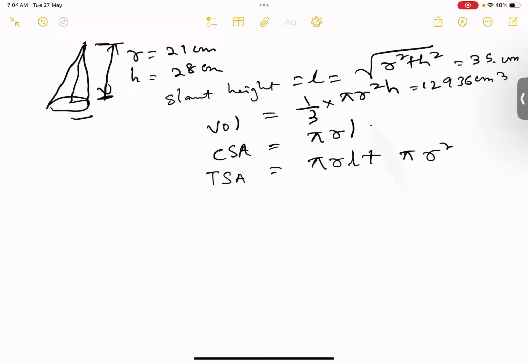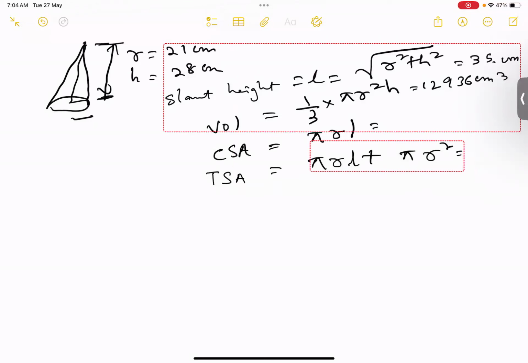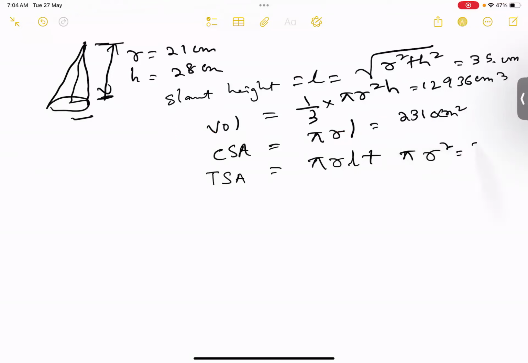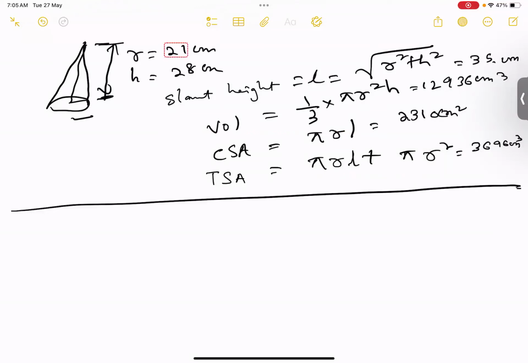What about curved surface area and the total surface area? Your answer should be somewhere along 2310 centimeter square and 3696 centimeter square. Okay? So these are the values that you should get for slant height, the volume, the curved surface area, and the total surface area.